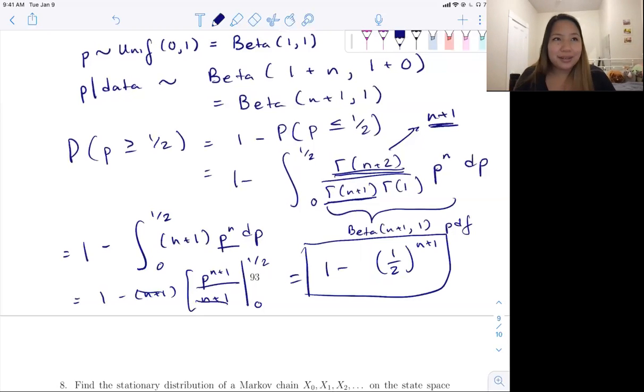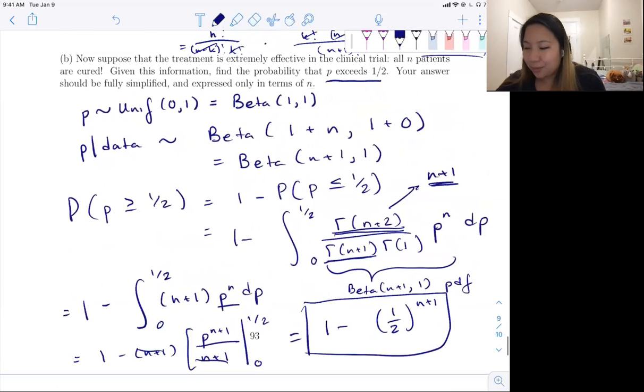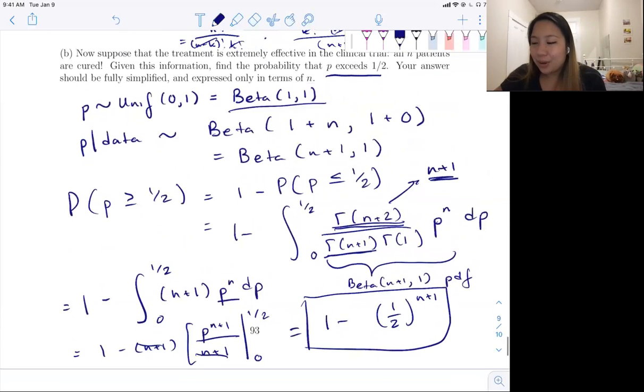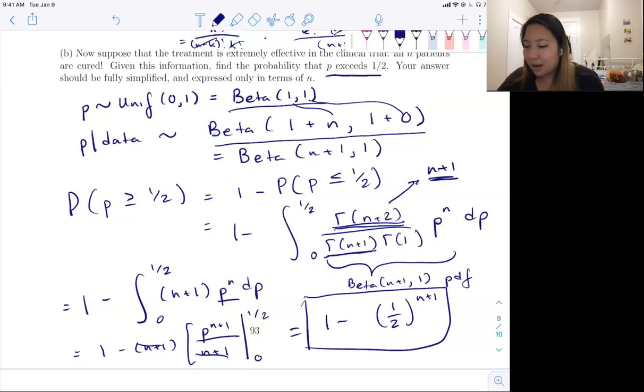Yeah, that's it for this problem. So it's just a beta pattern matching problem. Key things to know is that you should know how to posterior update. It's pretty chill. You could derive it again, but it would take a long time. Just know that uniforms are beta 1, 1. You add the number of successes to the first one and number of failures to the second one, then you get the posterior distribution.